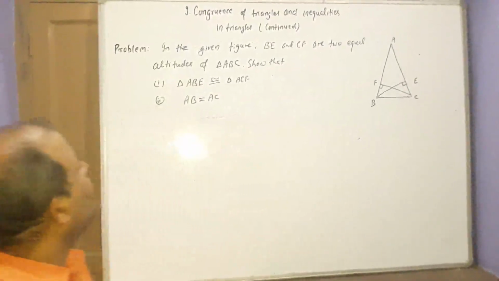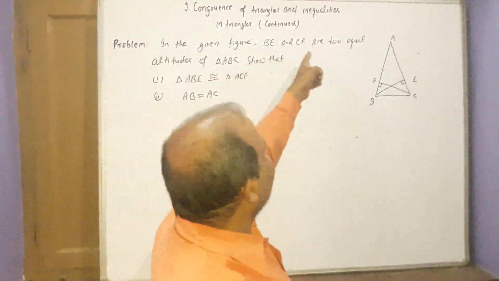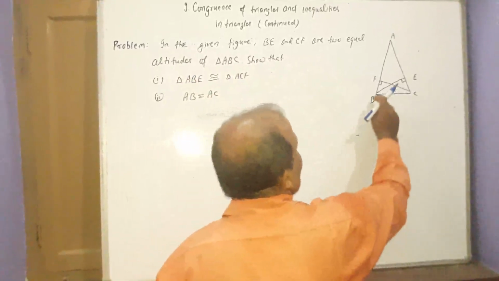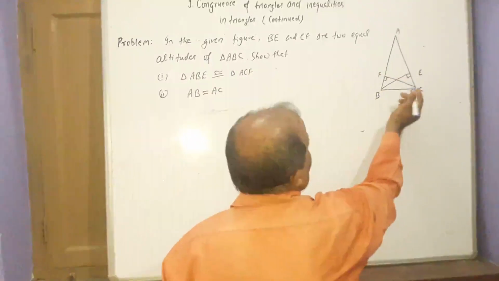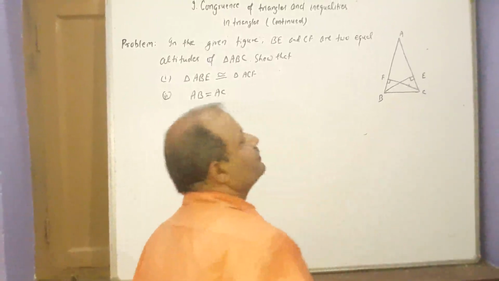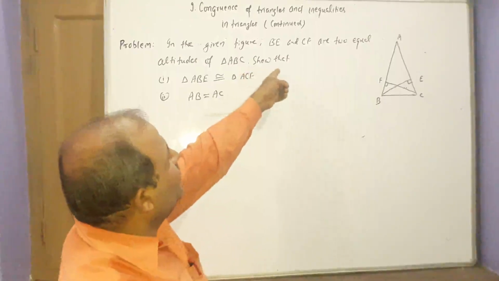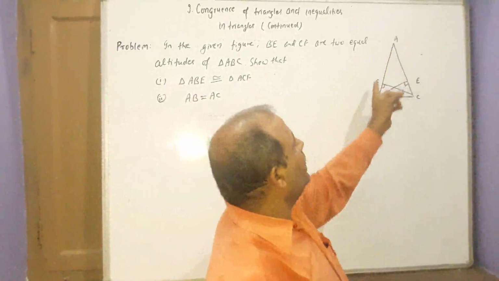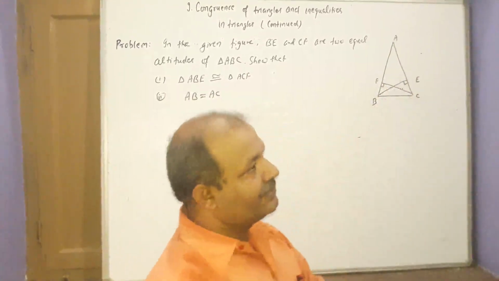Now come on to solve another problem. In the given figure, BE and CF are two equal altitudes, that is, BE is equal to CF. Then we have to show that triangle ABE is congruent to triangle ACF.